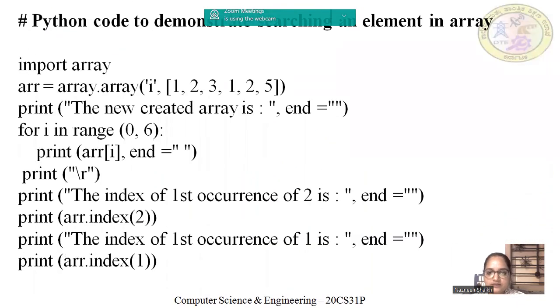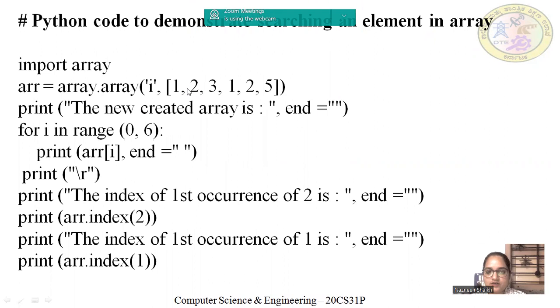Then we have another program here. What we are going to do is import the array object from the library, and we are going to demonstrate searching of an element in the array. We are creating an array by using the array object in the library, and we are calling it ARR.